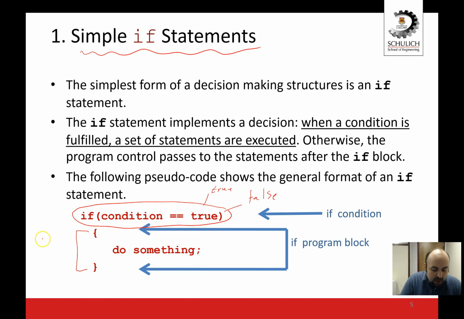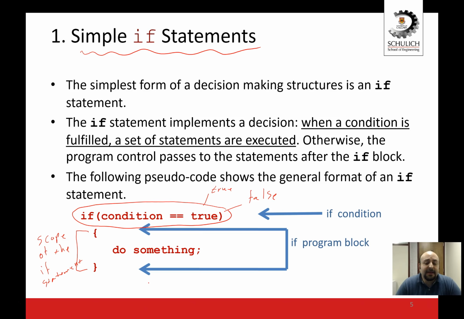This is also called the scope of the if statement. If the condition is true, you're going to execute the statements in the if block. If the condition is false, you're going to ignore those statements and move on to the rest of the program.